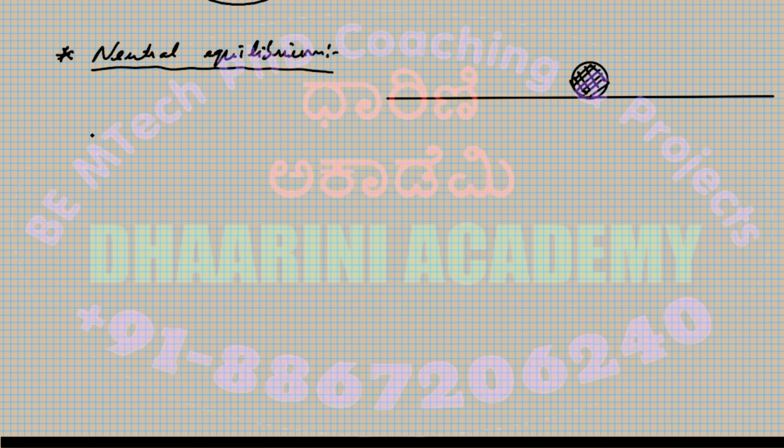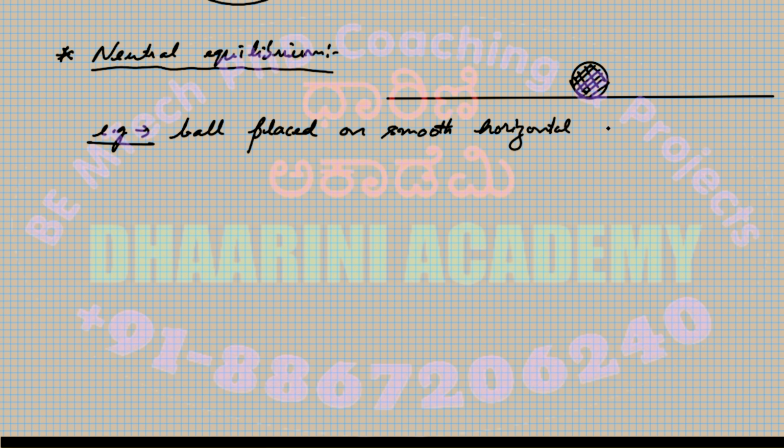We'll give that example: a smooth, horizontal ground, or some surface. That is considered as the neutral equilibrium.